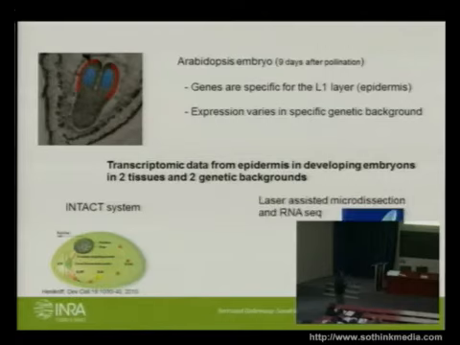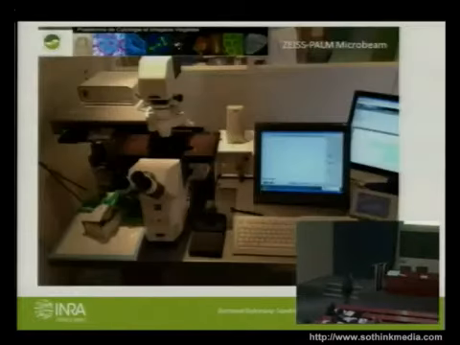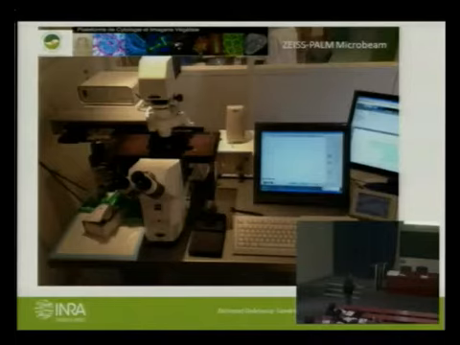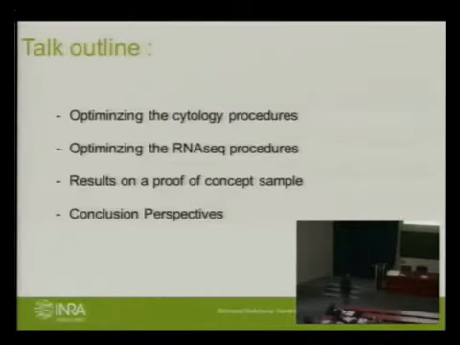Or you may think about laser-assisted microdissection, which was our case, because we have a platform equipped with a Zeiss PALM MicroBeam. The outline of the talk will be, rapidly, some optimization of the cytology procedures and RNA-seq procedures, and we'll present a kind of proof of concept and the limitations we got on extremely low samples.